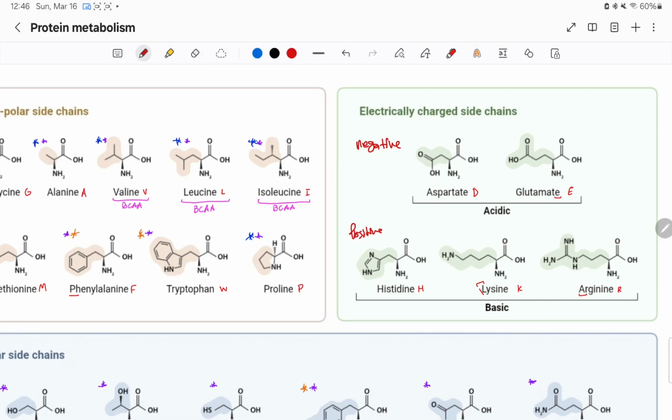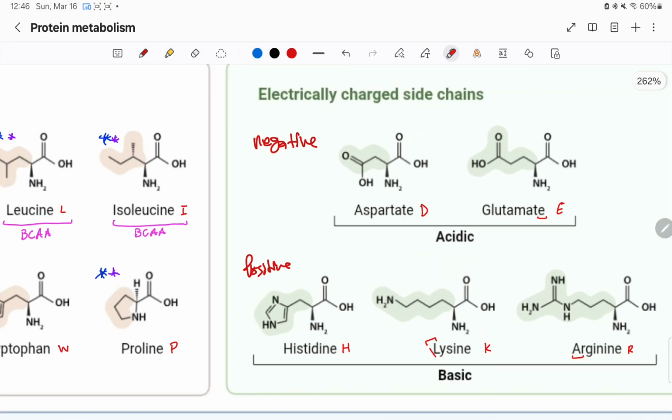Now, what is the one-letter code for these guys? Well, aspartate is D. Again, kind of no way to remember this. You just got to memorize this one. Glutamate, I like to think that because it ends in an E, it's E. But you'll see that this has a problem with it later. Histidine, well, it's just H, so it's got to be histidine.